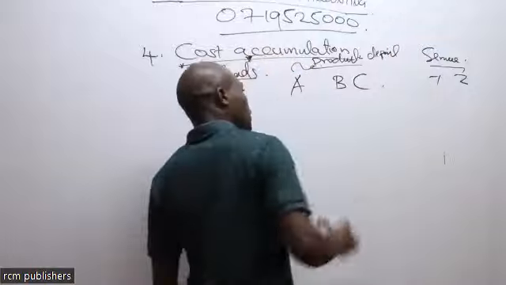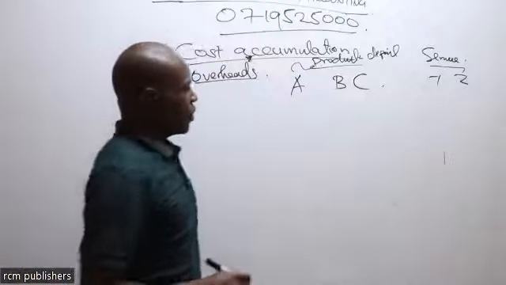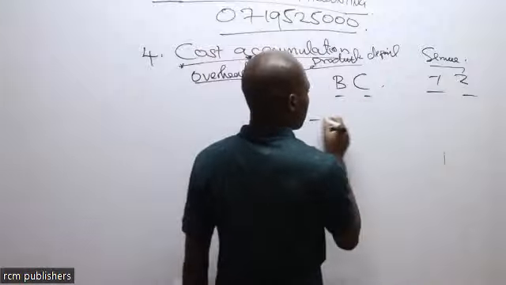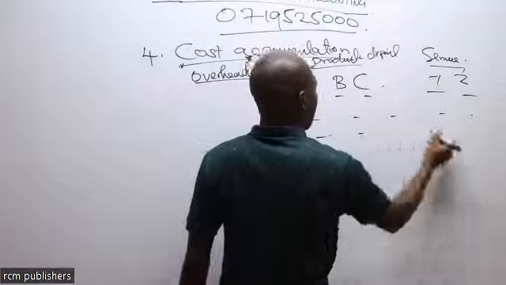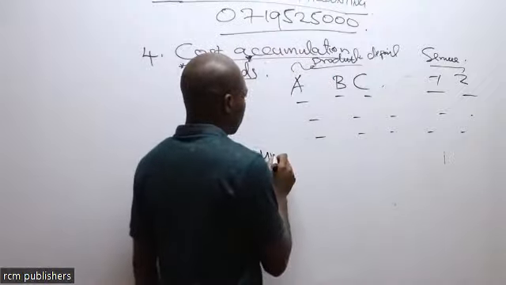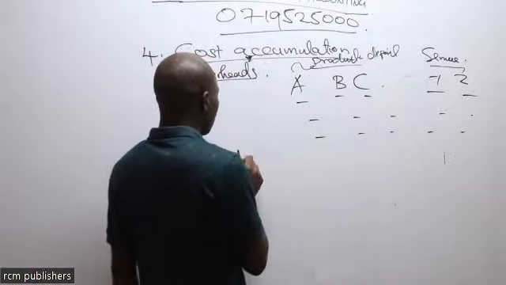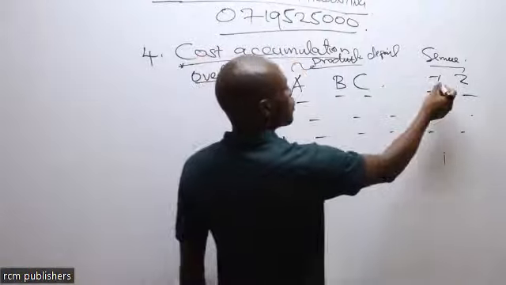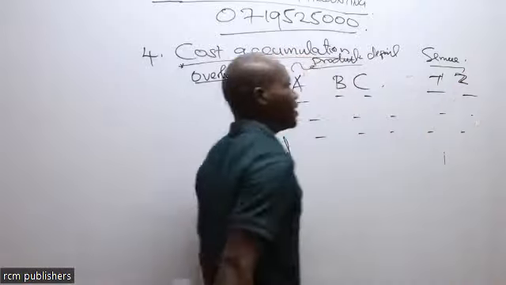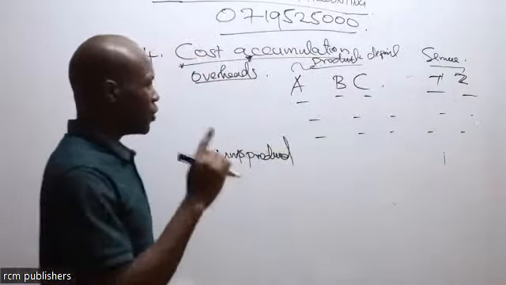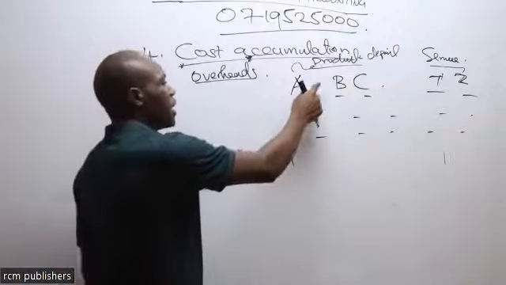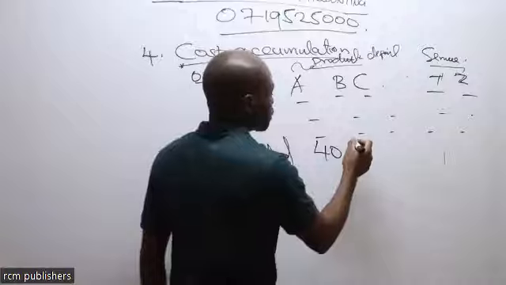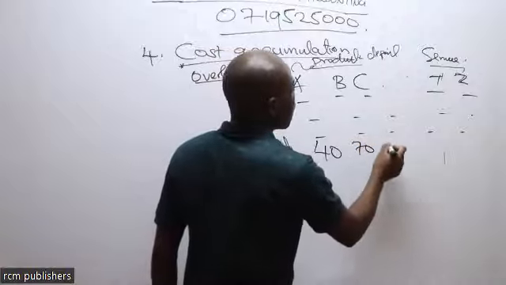Now, this is what happens. There are some costs that we are going to incur on both sides. So we have incurred the cost there, but if you look at the units produced, there is no unit being produced in Y and Z. But the service departments are support departments to help us produce these particular units in departments A, B, and C.